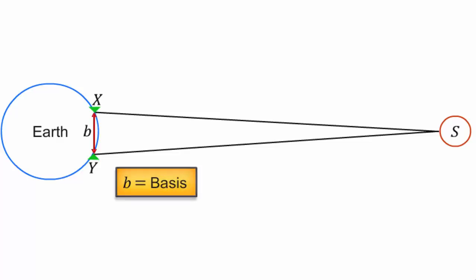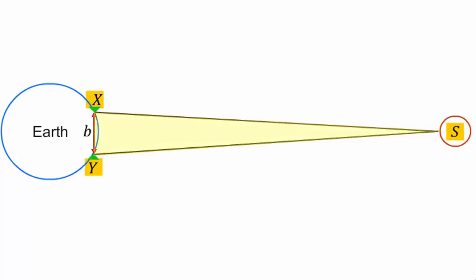Thus, XYS forms a triangle. Let beta and gamma be the angles made by the lines XS and YS with the line XY respectively, and angle XSY be theta.